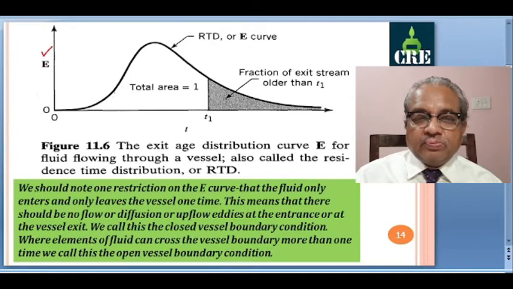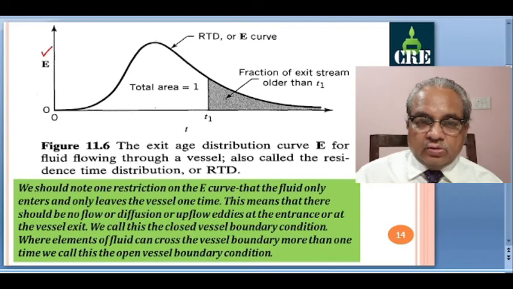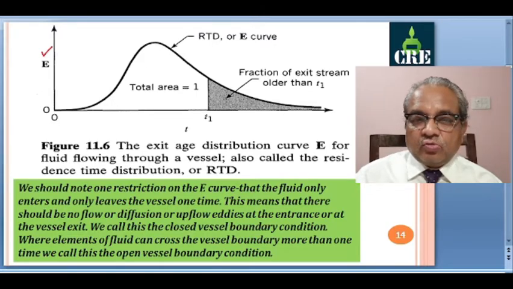So you will get, let us say this is total t, some residence time tau is fixed, and this is the distribution. Okay, so this exit age, so you can split this and find the percentages. Now in between we take some instant t1.